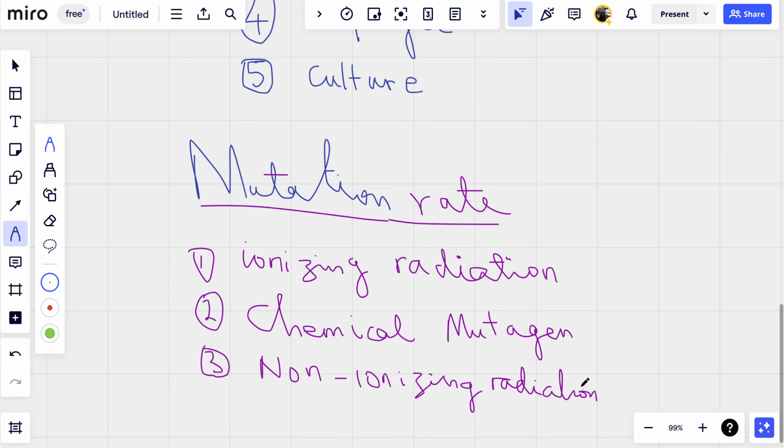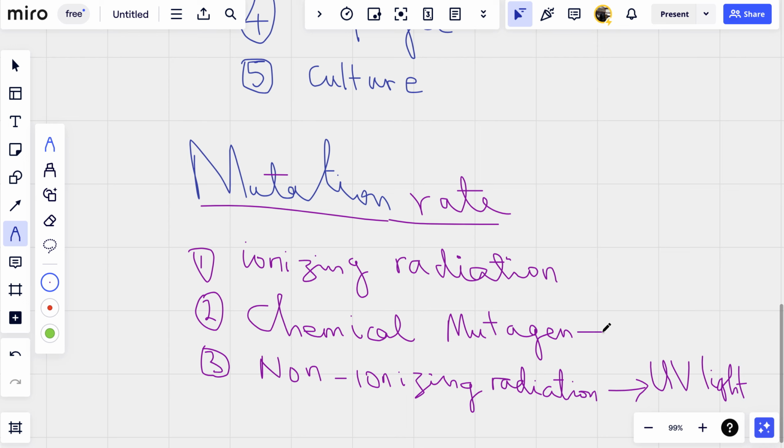Here we say UV light, ultraviolet light from the sun. It is a non-ionizing radiation, but it causes mutations to happen to organisms, causing the DNA base sequence of organisms to change.